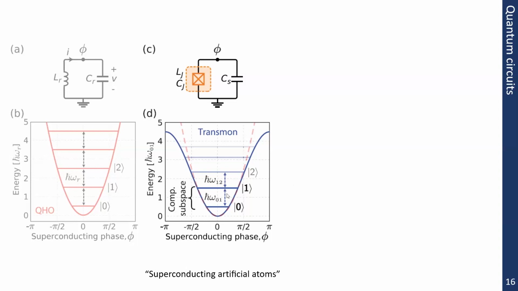Okay, so we can select just one transition if we work around this omega 01 frequency. And in this case, we sometimes refer to this system as a superconducting artificial atom. The artificial atom here means that we can design this transition frequency based on some tailoring approaches.